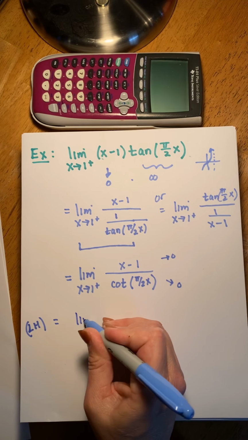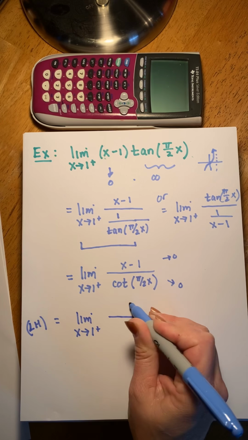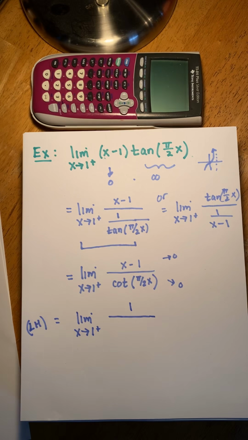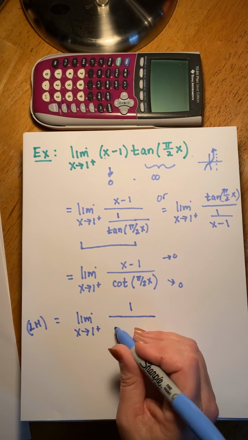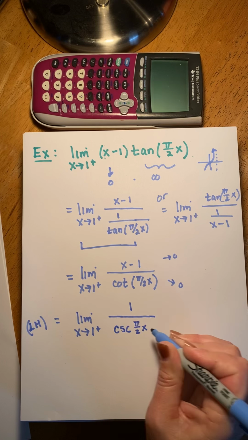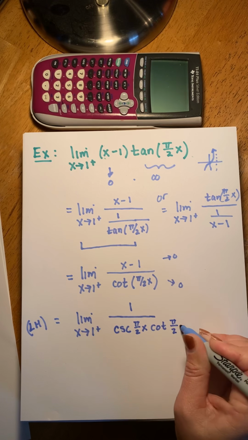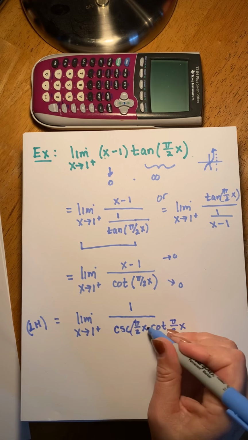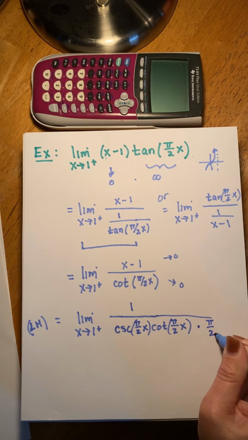L'Hopital's rule says we take the derivative of the top, which is 1, and then the derivative of the bottom, the derivative of the cotangent, which would be the cosecant of pi over 2x times the cotangent of pi over 2x, times the derivative of what's inside, pi over 2.